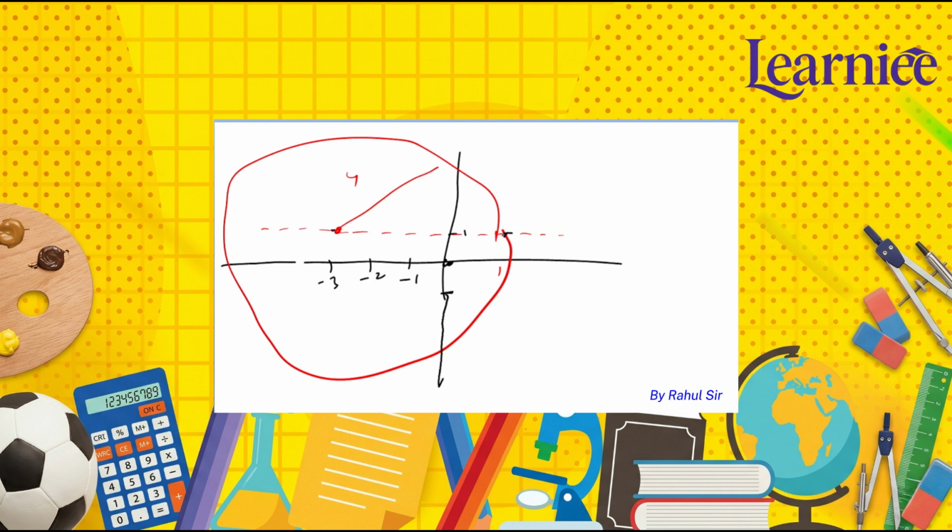This point is 1 comma 1, and since it is 1 comma 1, obviously the pi by 4 line passes through this one, because this distance is 1 and this distance is 1. This is the center of the circle, and this is the diameter. So where they meet, the z clearly from the graph I can say is 1 plus i. That is the answer.